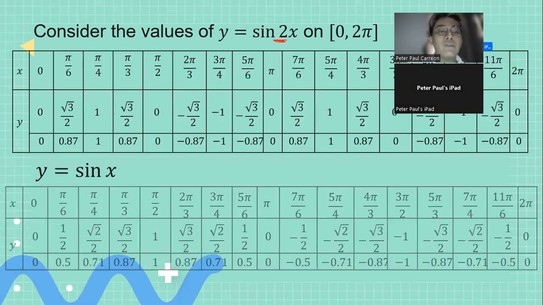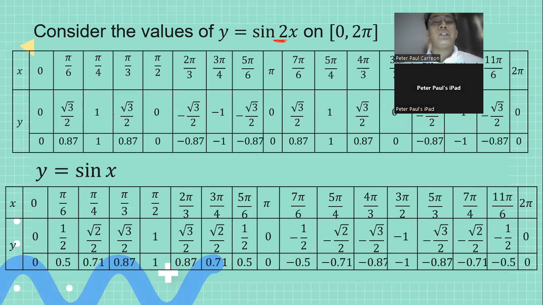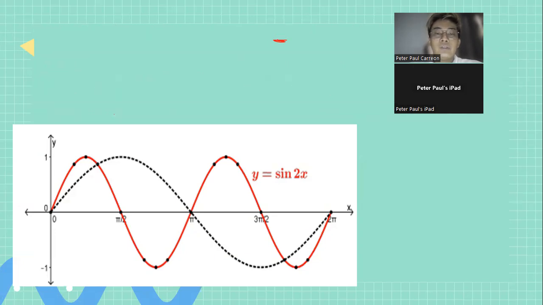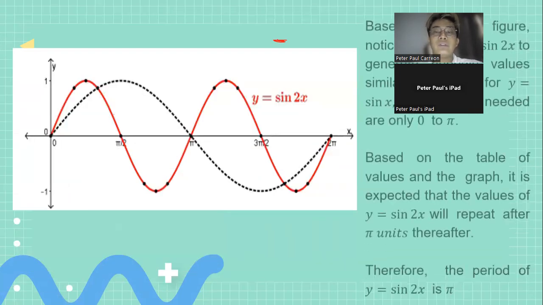So tingnan natin yung magiging effect niya. Ayan yung value ni sine 2x. Anong napansin niyo sa graph? Yung red mark, shrink siya horizontally. Diba? Lumiit yung graph natin. Yung red part ng graph, nag-shrink siya.